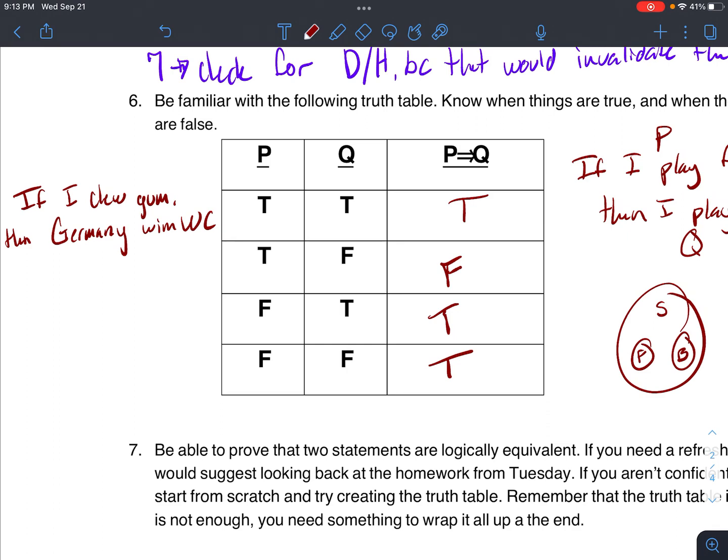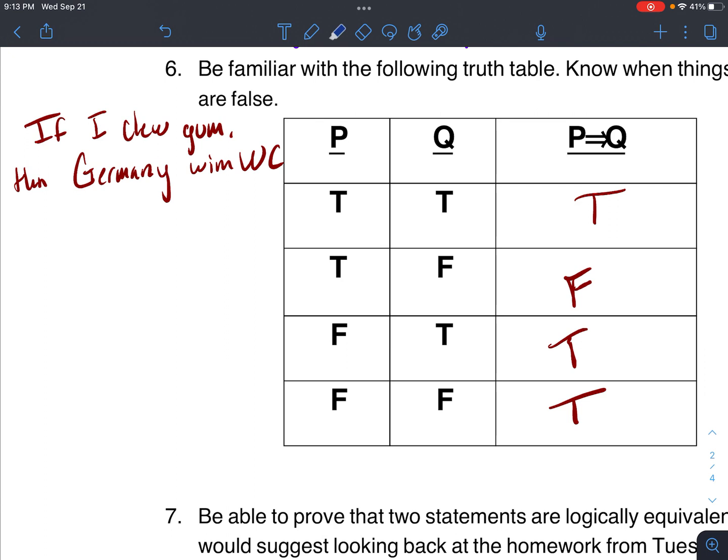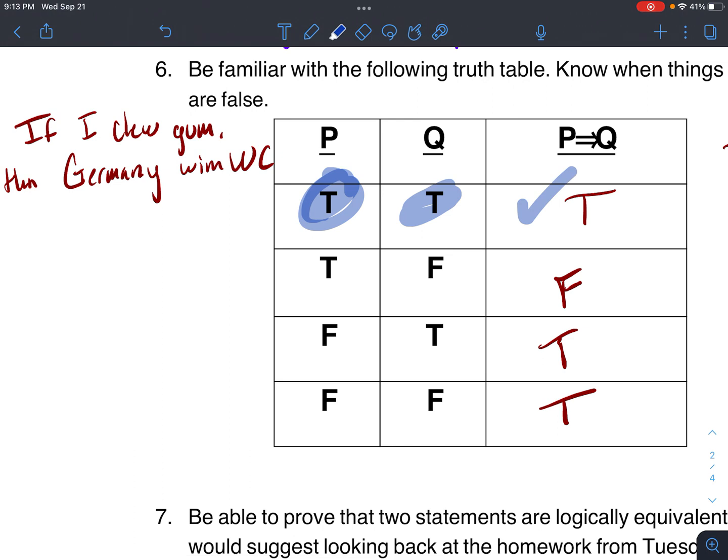You know those two things have no correlation with each other. Let's think about it. So this is my statement: if I chew gum, then Germany will win the World Cup. If they're both true, that's still our original statement, so that kind of validates this.